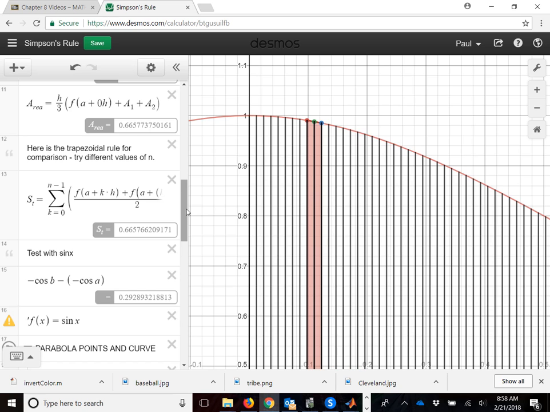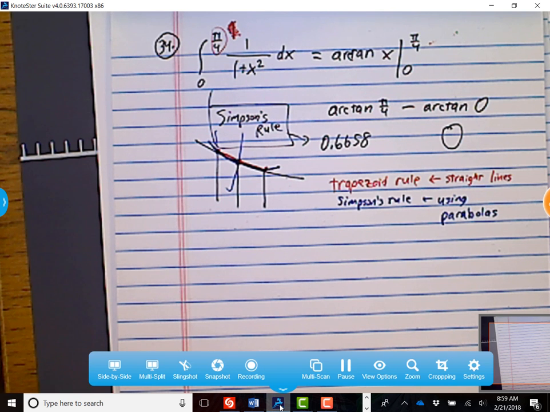Let's see, 0.6658. I'm going to write that down for Simpson's. And I guess what I want to do is compare Simpson's rule to the arctangent, right? So Simpson's rule gave me this 0.6658. We never actually finished. What's the arctan of pi over 4?